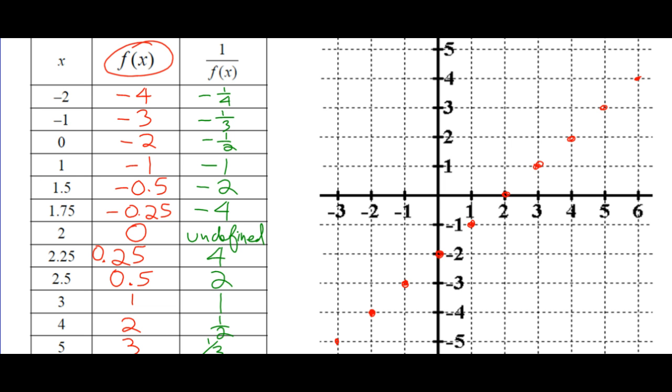Okay, and we draw a straight line, which I could do with the straight line tool, but I'm lazy, so I'm just going to sketch it in. And we'll call this f of x.